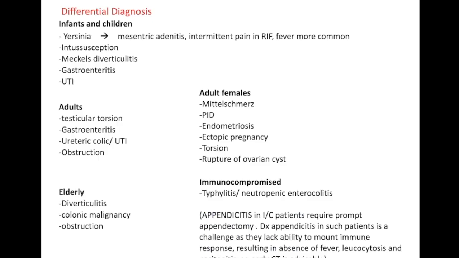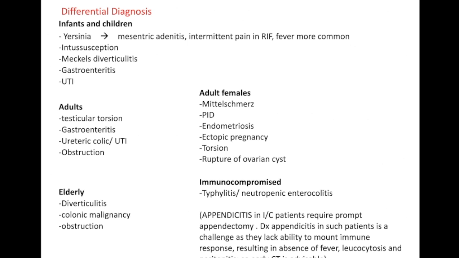Coming to the differential diagnosis, which we should always keep in mind: for infants and children, mesenteric adenitis, usually secondary to a Yersinia infection, may classically mimic the presentation of appendicitis, along with which intussusception, Meckel's diverticulitis, gastroenteritis and UTI should always be kept in the back of the mind.